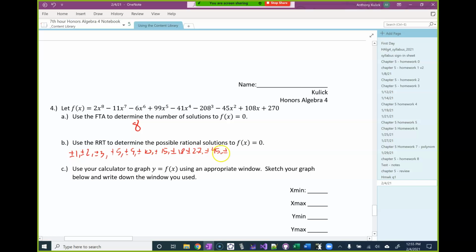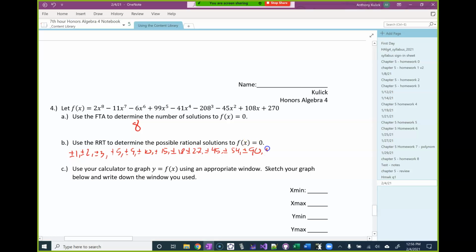You have all of those, and you have that whole list divided by 2 also, because there's a leading coefficient. Now, all the even ones are just going to reduce down to something already on my list, so I'm not going to bother writing those ones. So I'm just going to do the odd ones over 2, which are not something already on my list.